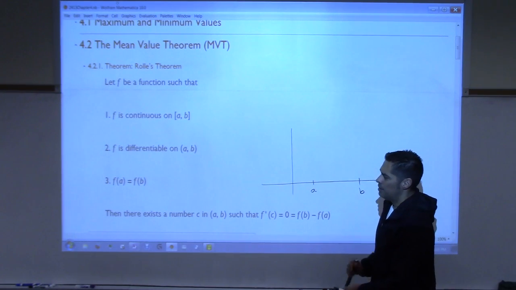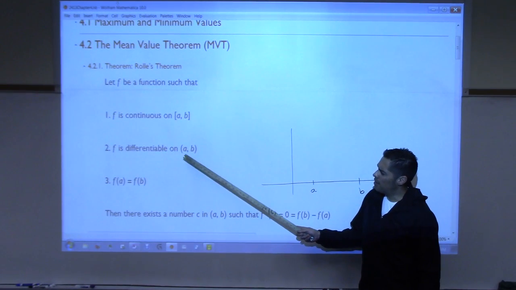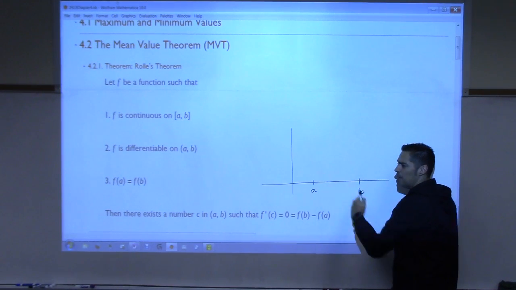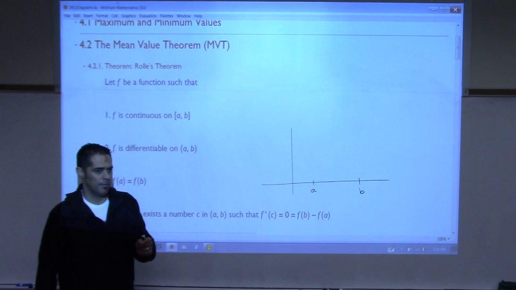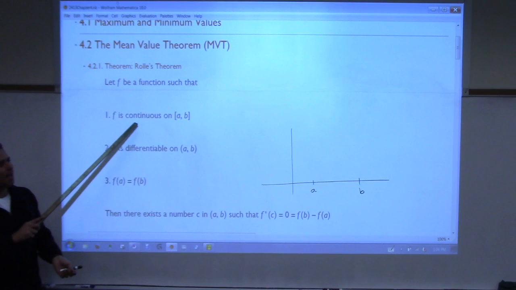Also, this is important, it is differentiable on the open interval (a, b). That means inside, between a and b, the derivative exists at every single point. No corners, no cusps, no vertical tangents, no jumps, but we can't have jumps anyway because we had to be continuous.